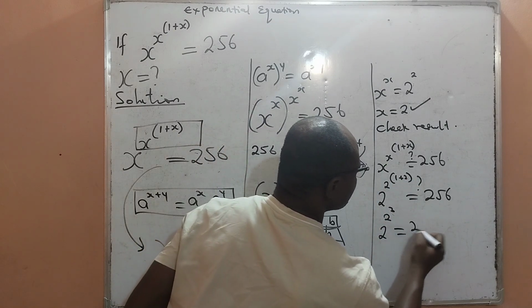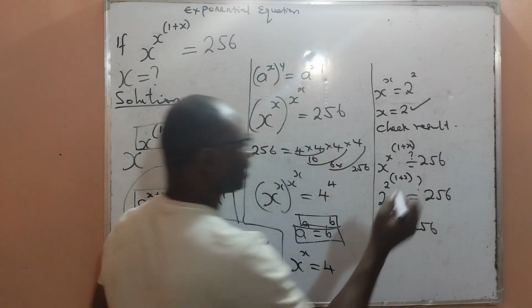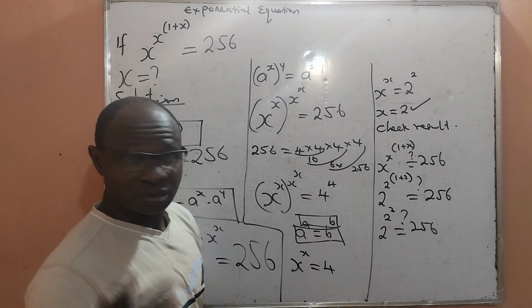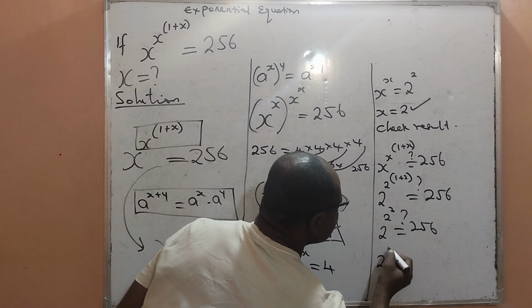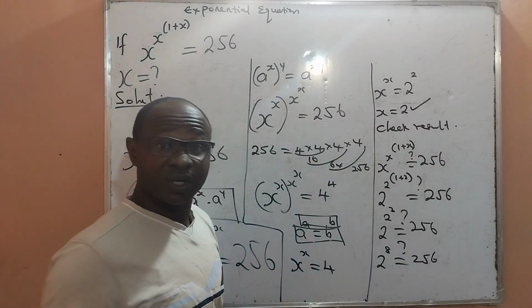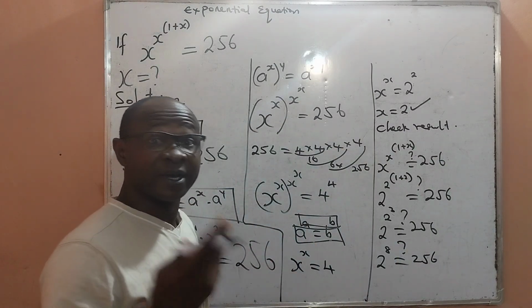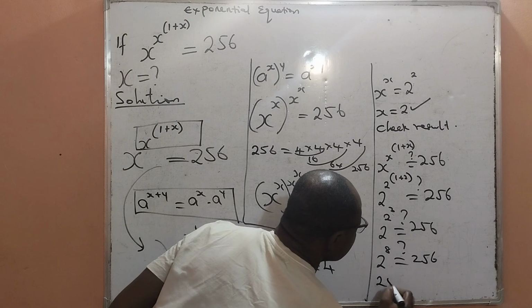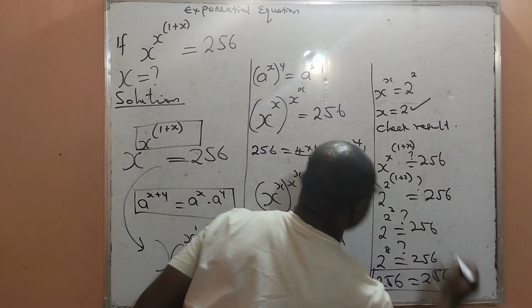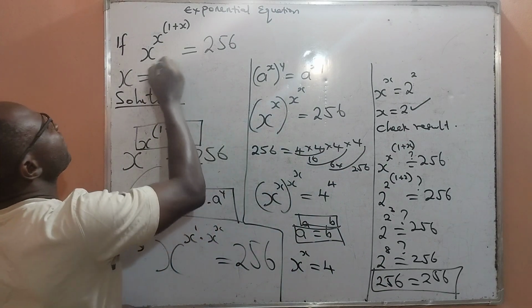Is this equal to 256? We want to find out. 2 raised to the power 3 is 8, 2 times 2 times 2. So it becomes 2 raised to the power 8. Is it equal to 256? Yes, 2 multiplied by itself 8 times gives us 256. So that satisfies. We conclude that the value of x is equal to 2.